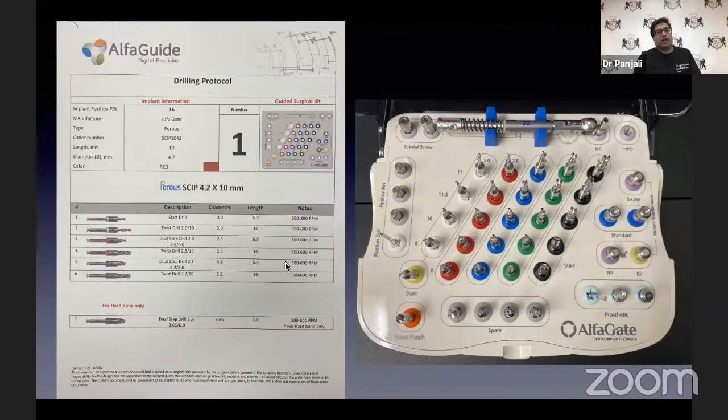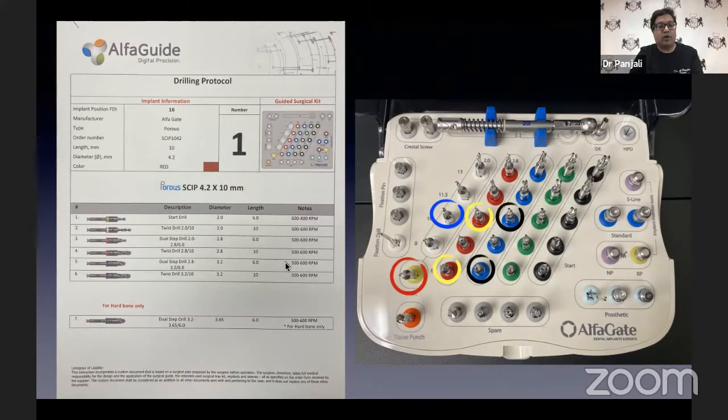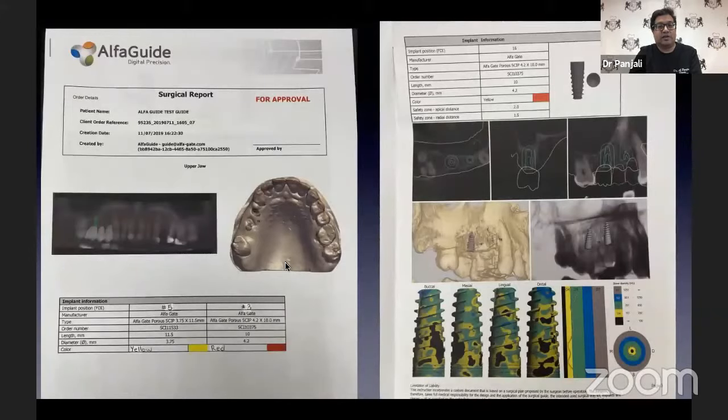Alpha Guide also sends you a very detailed description, step by step, of what you're going to use. So here, based upon what I have received, these are the drills that I will be using. And it gives you an entire analysis of what the anatomy looks like, what the soft tissue height looks like, where the prosthesis will end up, what the bone density is, and so on and so forth.